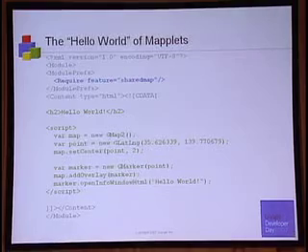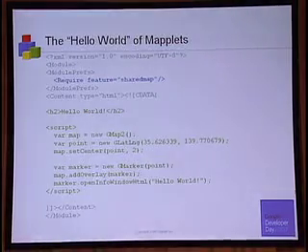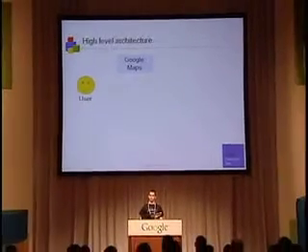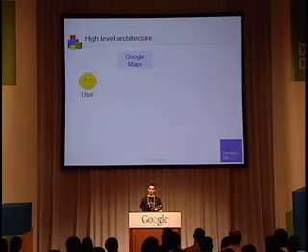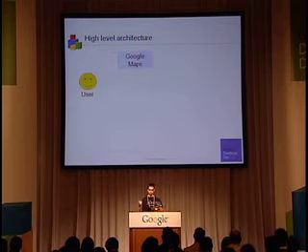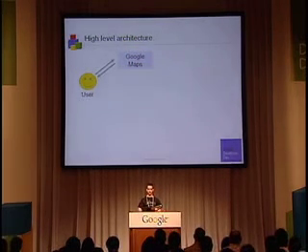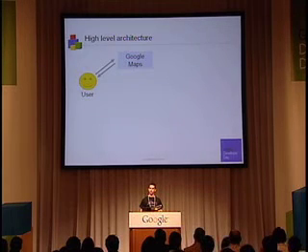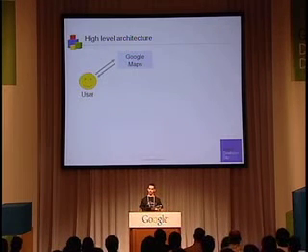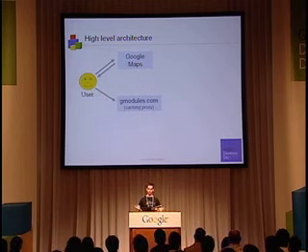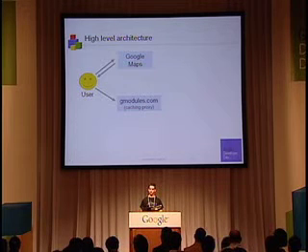So what is the system for Mapplets? What is the architecture? So broadly speaking, a user visits Google Maps and they communicate with our site. And then to request a Mapplet, we actually host your Mapplets from a different domain called gmodules.com.